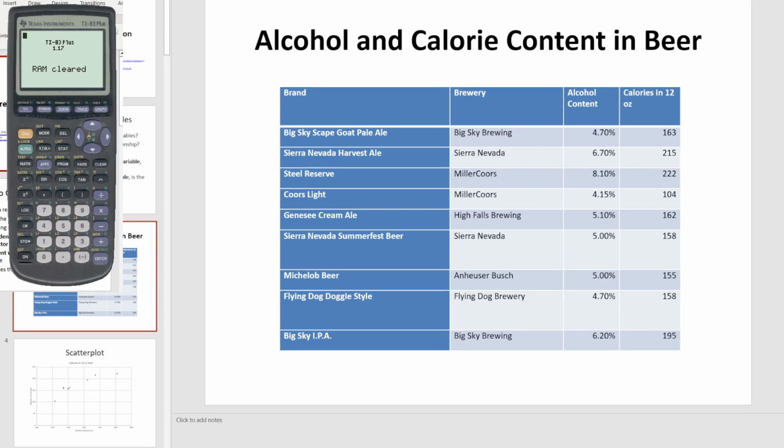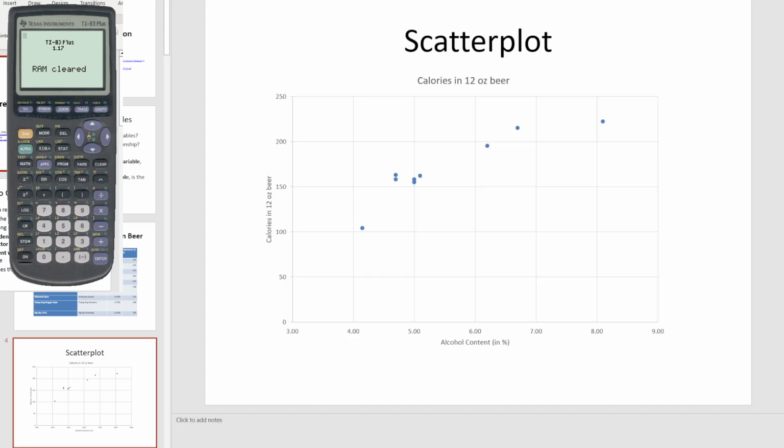To help us figure out if there is a relationship, we could draw a scatter plot of this data, plotting the alcohol content on the x-axis and the calories on the y-axis.